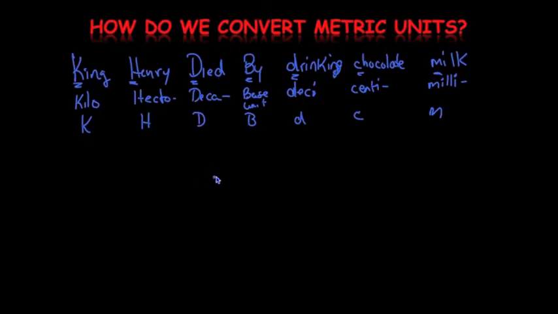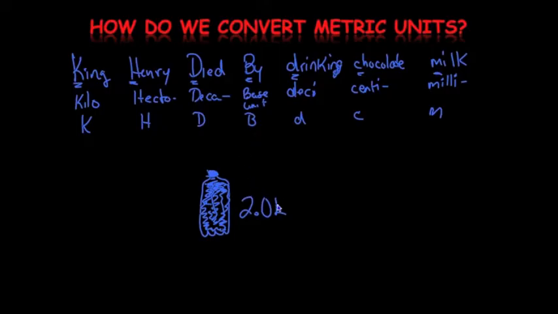Okay, so let's say we have a 2-liter bottle of water. Now remember, I'm a science teacher, not an artist, but here's my 2-liter bottle of water. So this is 2.0 liters. Now if we wanted to convert 2 liters to kiloliters, we could just plug it in at our starting point.